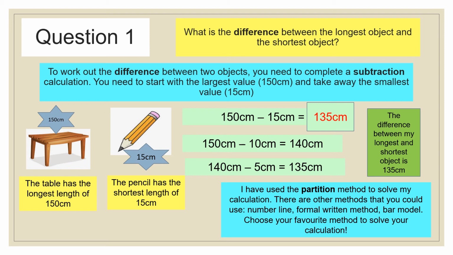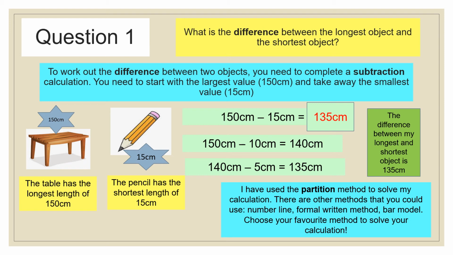Now I have used the partition method to solve my calculation. However, there are other methods that you could use, like the number line, formal written method, or you could even use the bar model. You need to choose your favourite method to solve your calculation. If you decide to use the number line method, you should draw a line, write your longest length at the start of the line, and then do jumps until you have subtracted your shortest length.